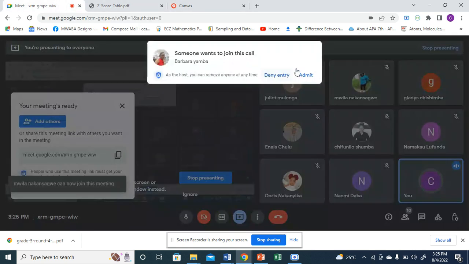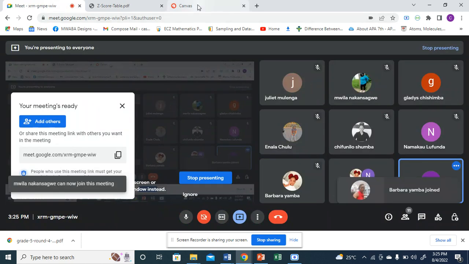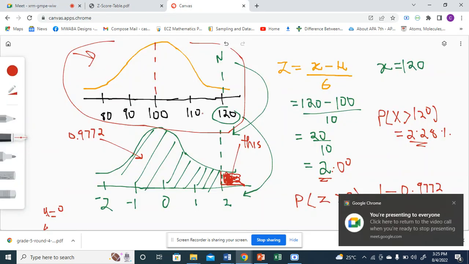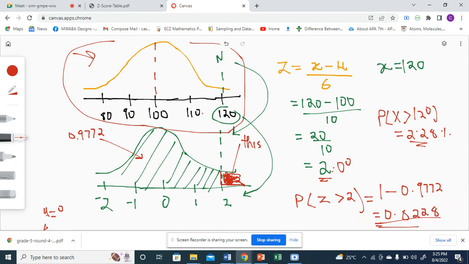After you've standardized the normal distribution, you have to get your z-scores. To get your z-score, you use this formula.